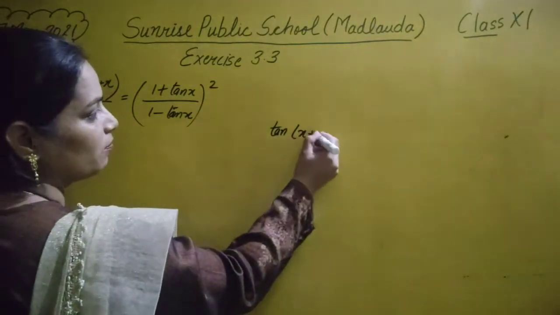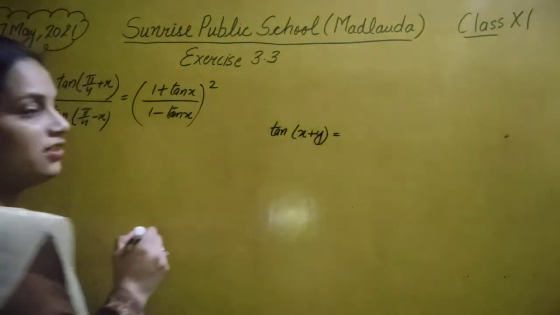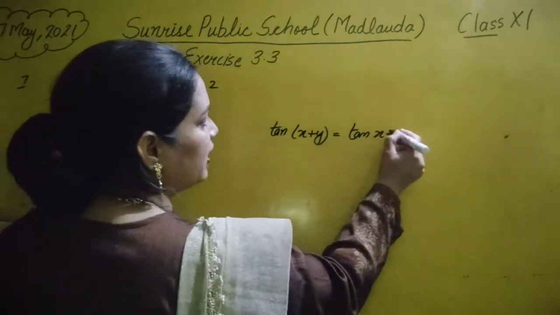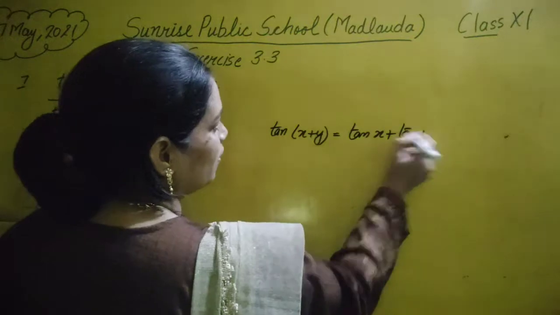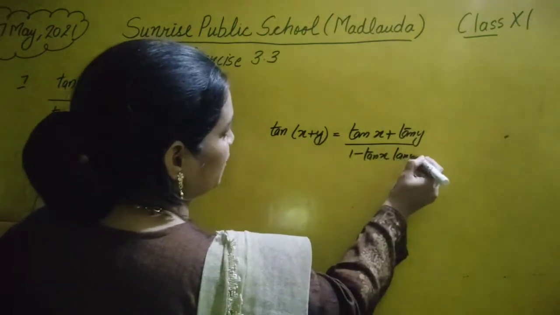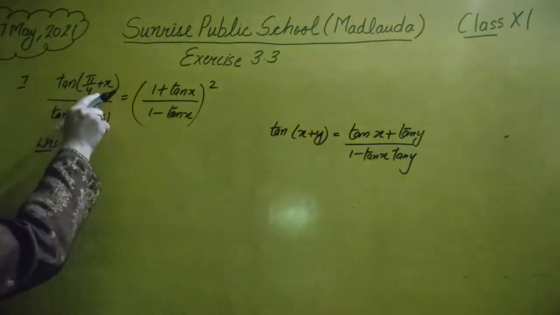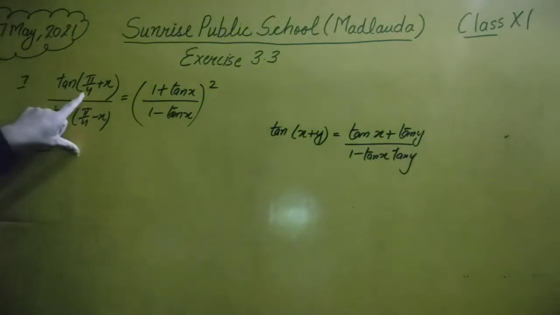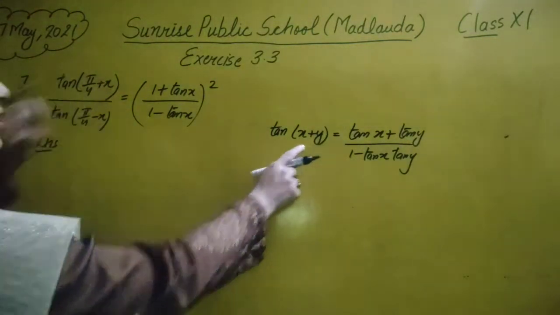tan(x + y). And we know that tan(x + y) is equal to tan x plus tan y divided by 1 minus tan x into tan y. In the numerator, you will use this identity. At the place of x, there is pi by 4. At the place of y, there is x.